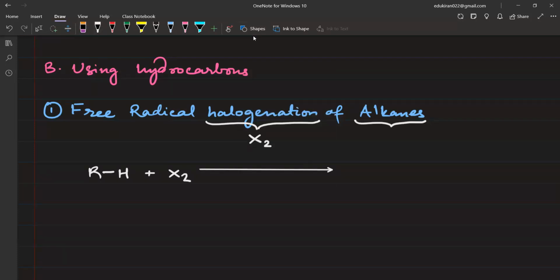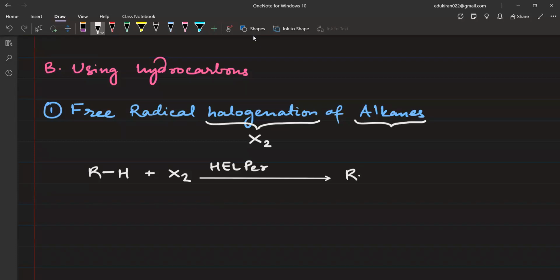Free radical meaning you are going to use one of these reagents. What are those reagents? Reagent is helper. I will tell you what the helper is. Now what happens?